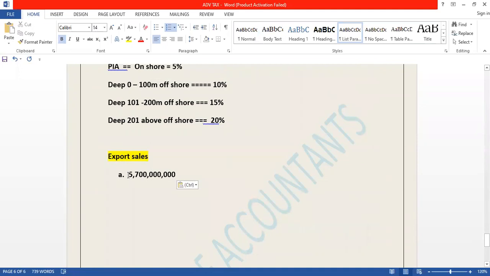So this is our revenue or sales. Let's say export sales. Then there's another one we need to compare. Now it's going to be the higher of the two.